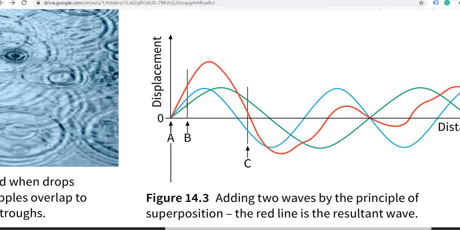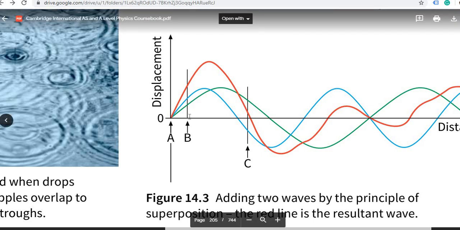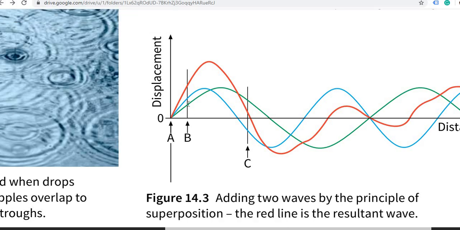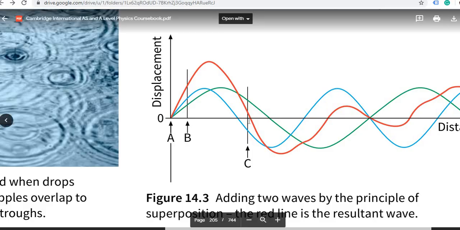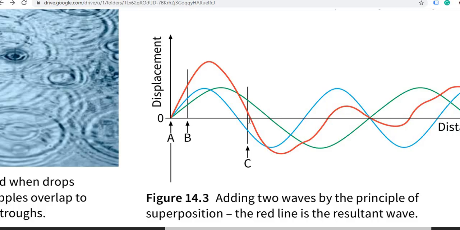If this was, let's say, 3 here, and if this was 5 here, then it will be 8 here, because 5 plus 3. And the sign is also important. Here both are positive, so this is plus 5, this is plus 3, then this will be plus 8. But if it's negative, you have to consider the negative sign also. Now over here, maybe the blue wave is, let's say, minus 5, and the green one is plus 6.